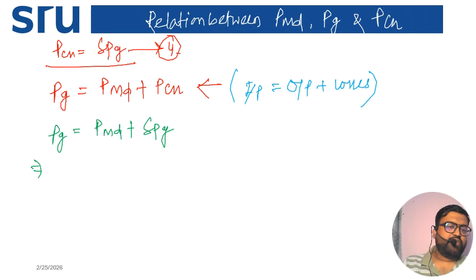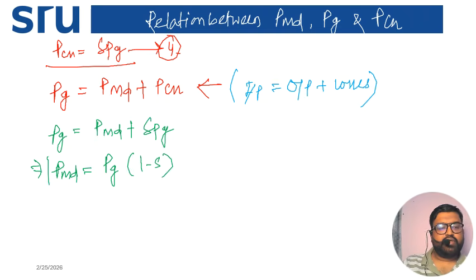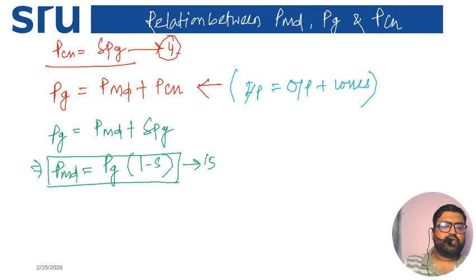Then in this form we can derive PMD equal to Pg into 1 minus S, right? This is your equation 5.